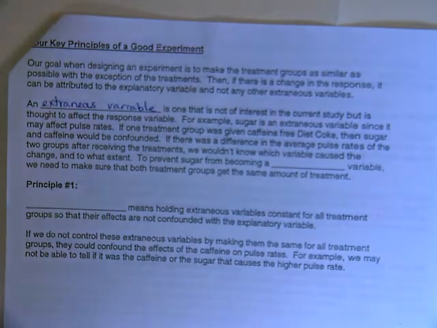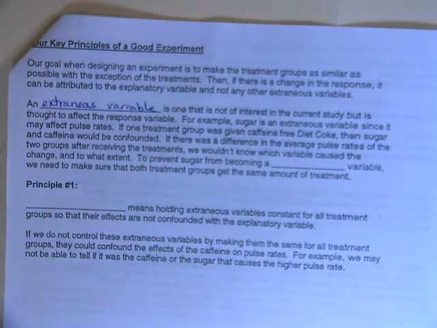For example, sugar is an extraneous variable since it may affect pulse rate. If one treatment group was given caffeine-free Diet Coke, then sugar and caffeine would be confounded. There is a difference in the average pulse rate of the two groups after receiving the treatments. We wouldn't know which variable caused the change and to what extent.